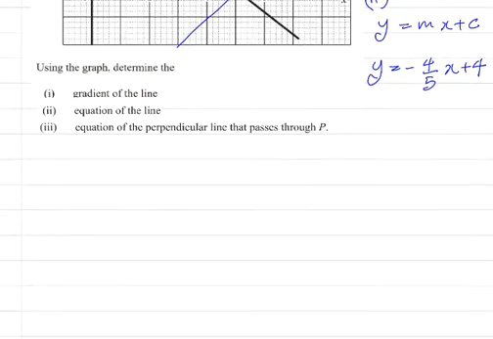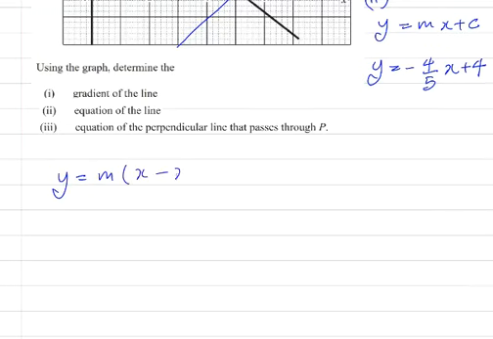So I'm going to use the formula for finding the equation of a straight line. The formula is y is equal to m into x minus x naught, plus y naught. M in the formula is the gradient of the line, and x naught, y naught is the coordinate of any point on the line.